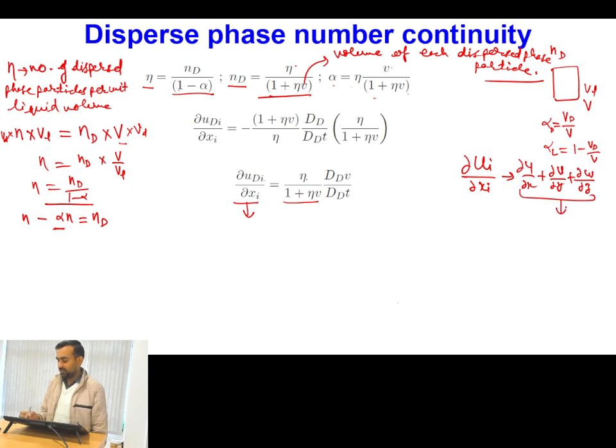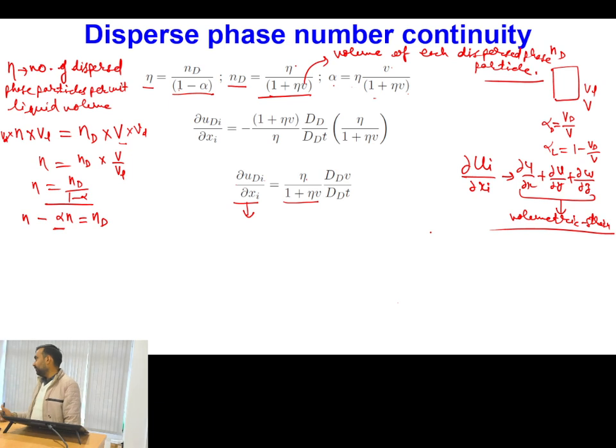What do we call this quantity? Is this equal to volumetric strain? If you refer to the kinematics part in fluid mechanics, this quantity is nothing but volumetric strain.